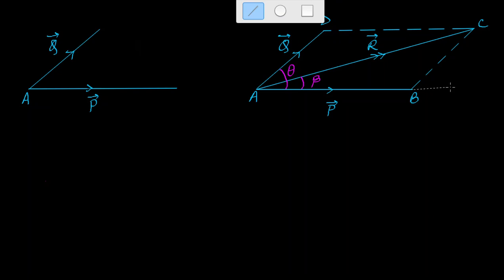Just like before, I will extend this side and I will draw a perpendicular from here till there. Let's say this is N. Do you agree or not? This angle also will be theta, right?